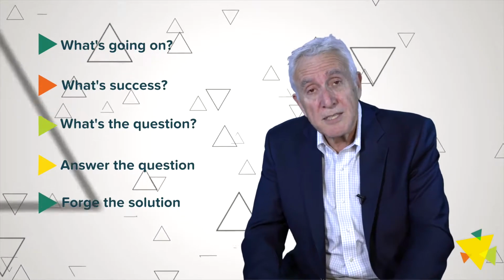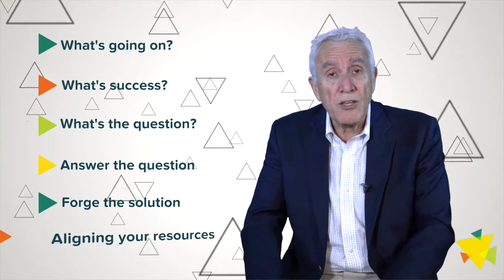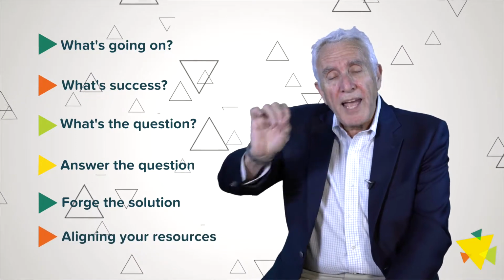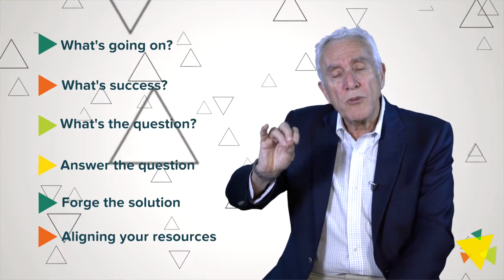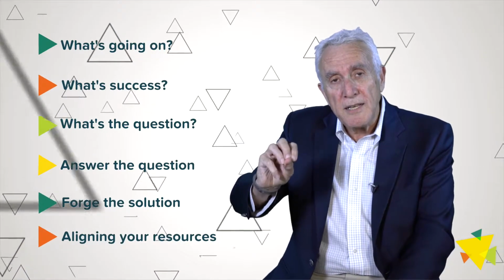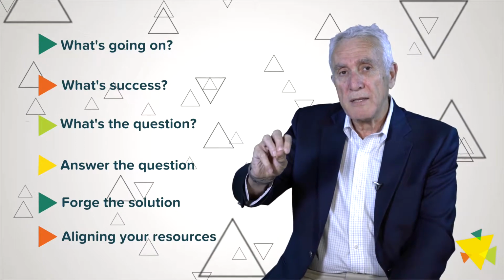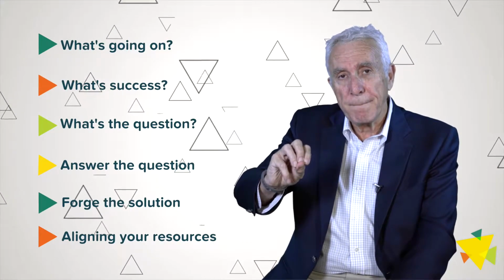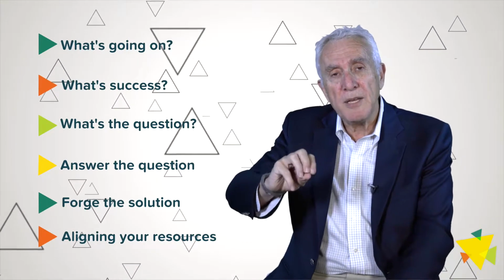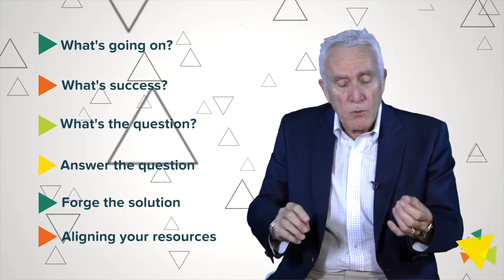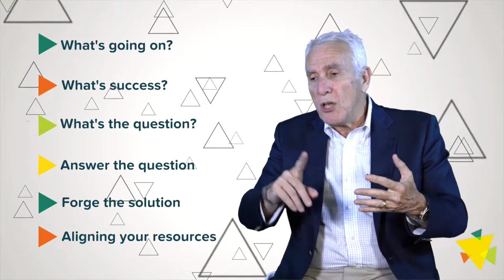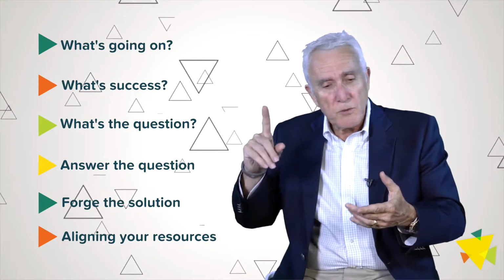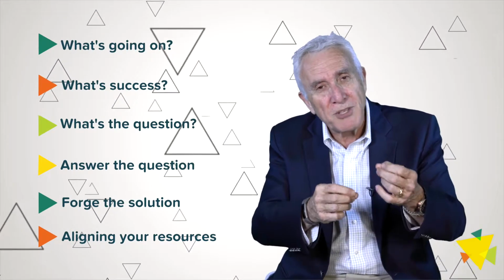And then finally, the sixth step is aligning your resources. Having this idea, what are the resources that I have to align in order to bring this idea into reality? How to make it real. And what will happen is that in that stage, you will identify resources, you will assign tasks, you will do prototypes, you will fail and do more prototypes, and so on.